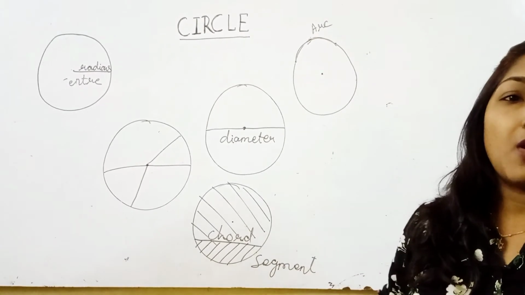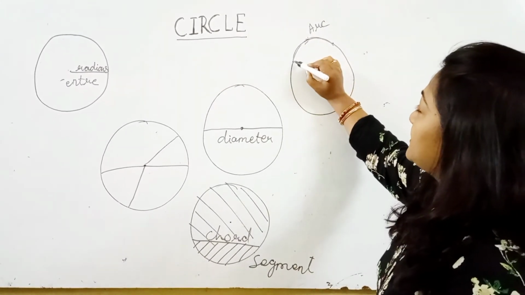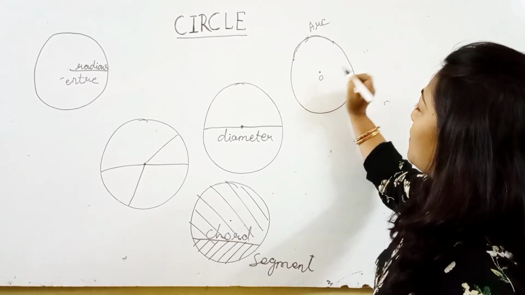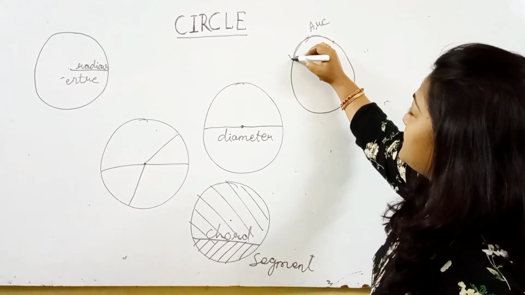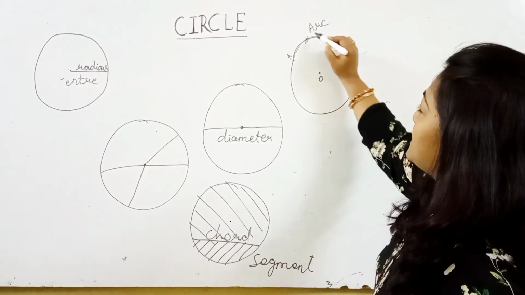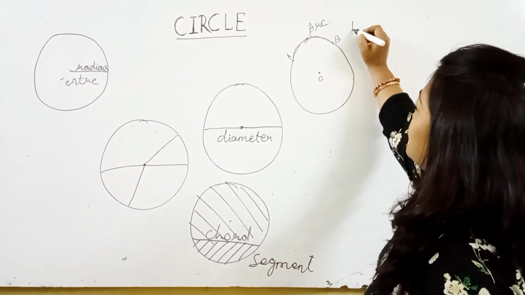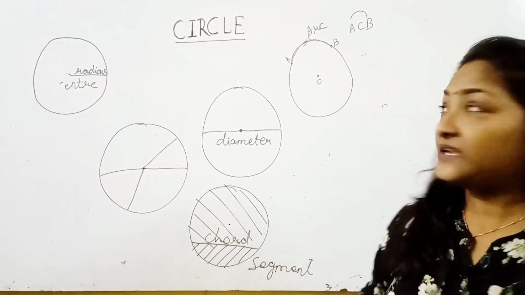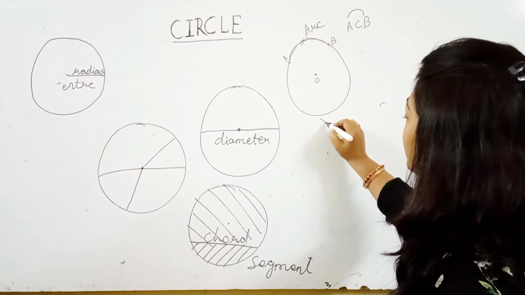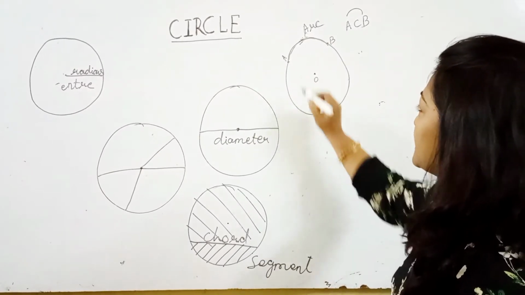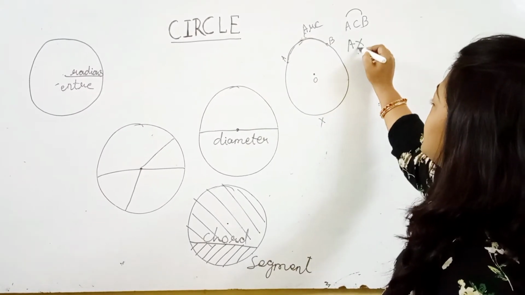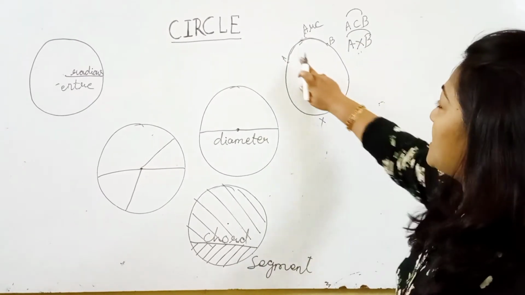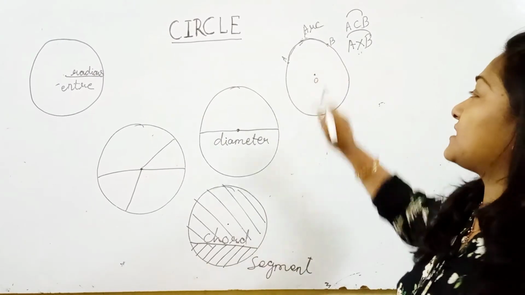Suppose the center is O, and these points are A and B, with C on the arc. The arc is denoted by ACB. This is the minor arc. If we consider this point X, then AXB is your major arc. This part is your major arc, and this is your minor arc.